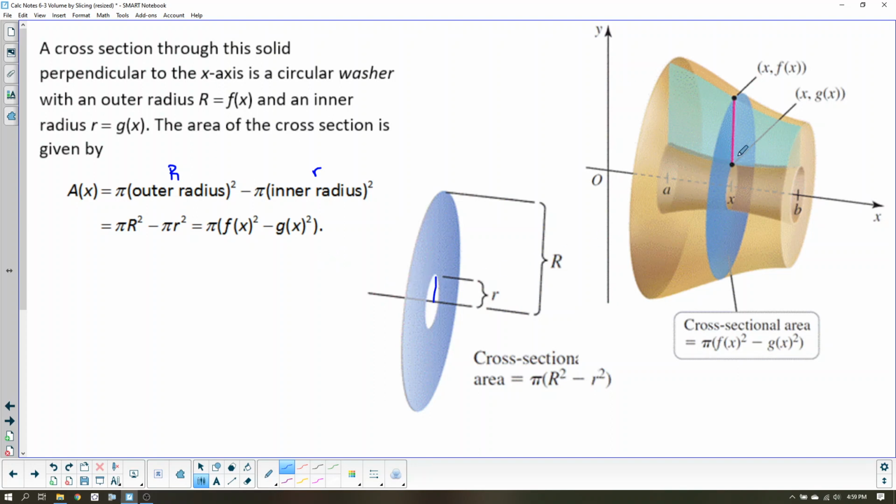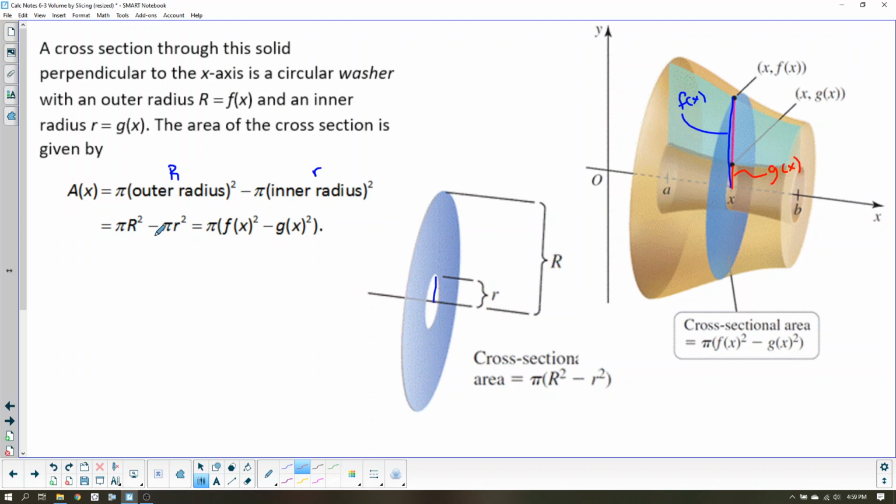If we take that back over to this figure, the outer radius is the length of that segment, which would just be f of x. The inner radius would just be this distance, which would be g of x. So the outer radius is f of x, and the inner radius is g of x.